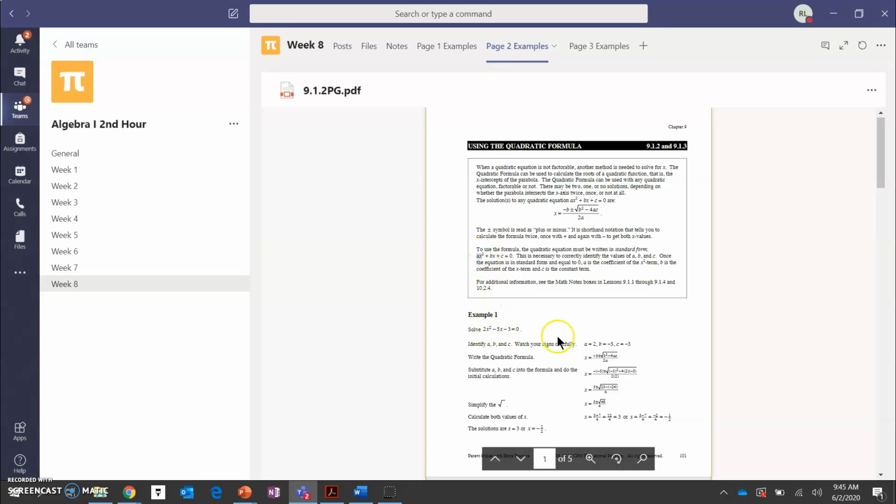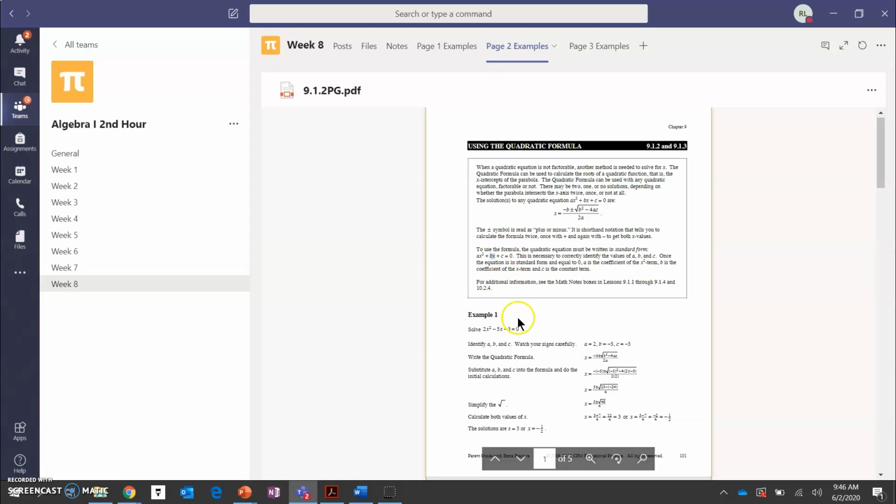So our a is 2 here, for example 1. Our b is before the x, so our b term is 5. But remember, it's negative 5. So our b is negative 5.